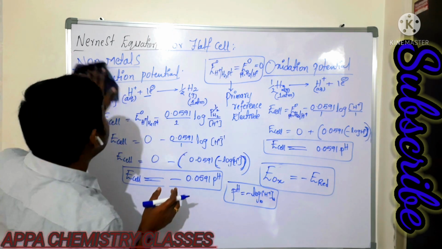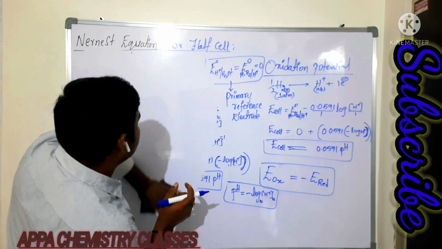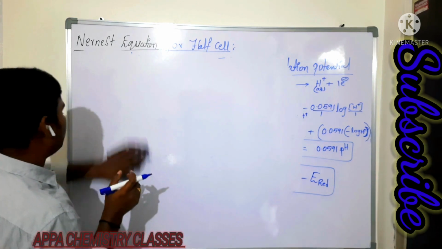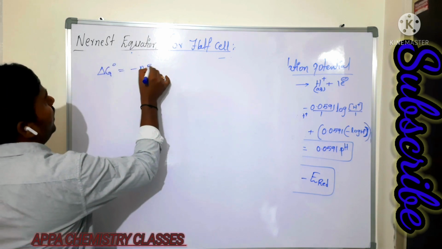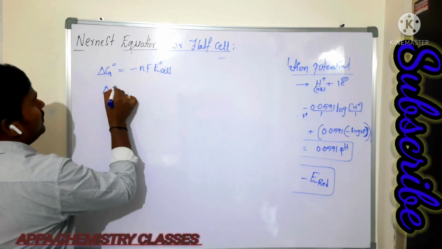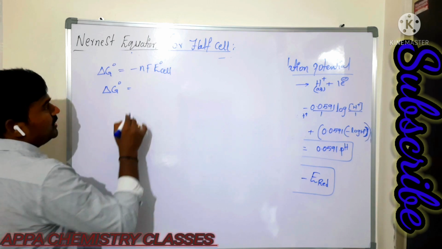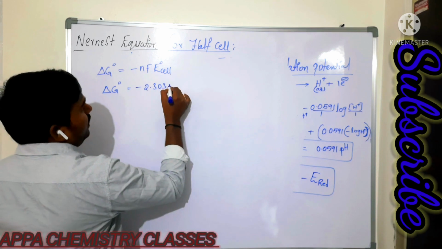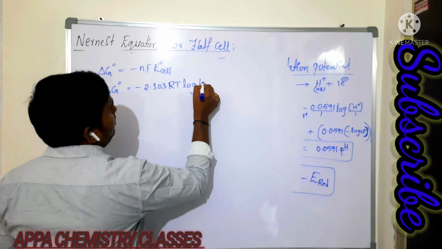Now we will see the relation between Gibbs free energy and equilibrium constant and electrode potential. What are the relations we have? Those relations are very important. We know that delta G naught is equal to minus nF E naught cell, and also we know that delta G naught, that is standard Gibbs free energy, is equal to minus 2.303 RT log K equilibrium.